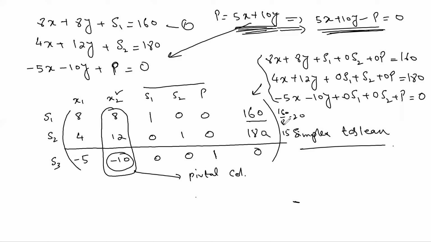Which one is the smallest quotient? 15 is smaller than 20. This is the smallest quotient, so this is our pivotal row. This is the pivotal column, this is the pivotal row, and this is our pivotal element.